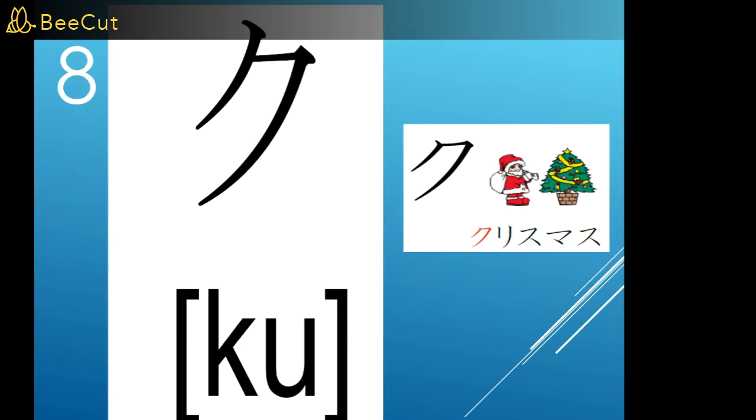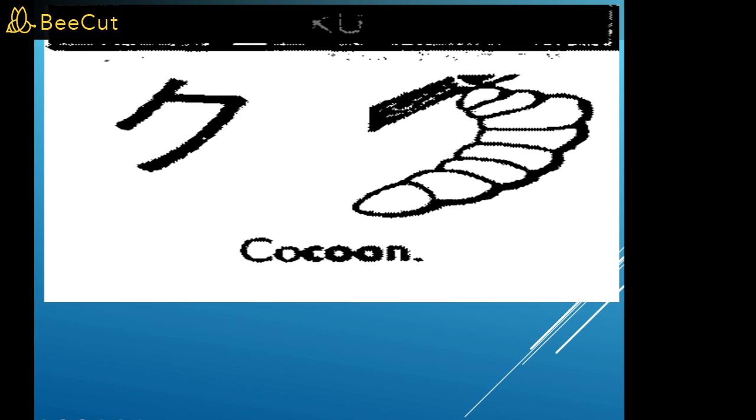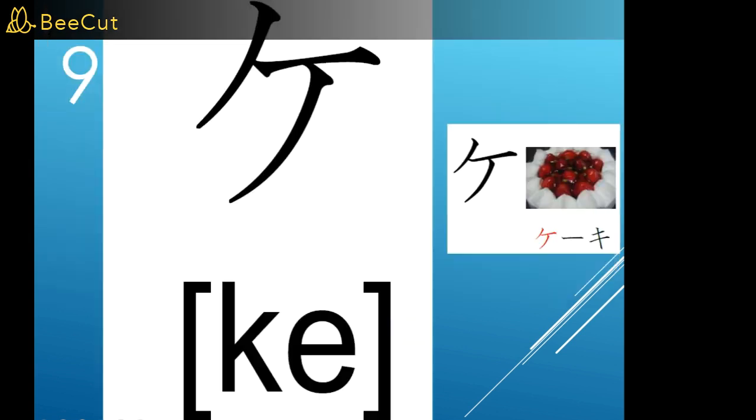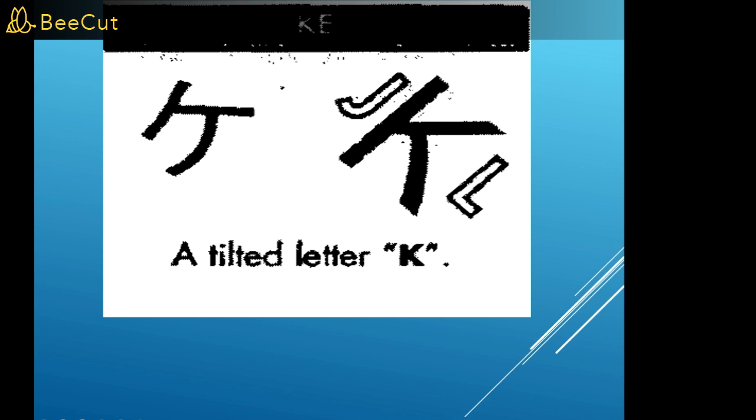Ku is Christmas. Is it one stroke or two strokes? Only two strokes it has. Ku as cuckoo. Next is Ke, ke as in cake. One stroke or two strokes and then a third stroke. So ke, a tilted letter K, you can see here.